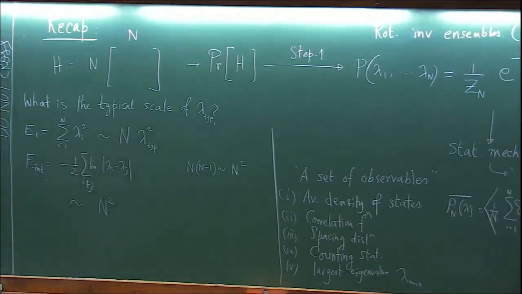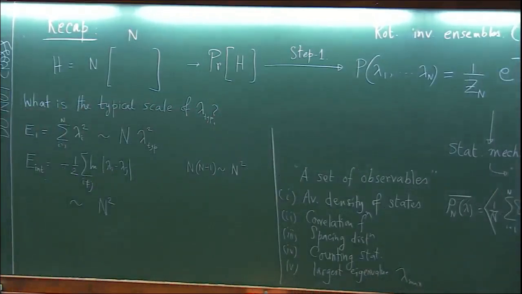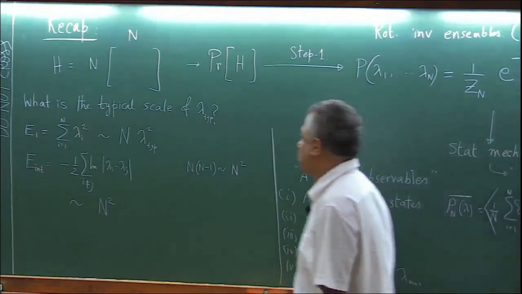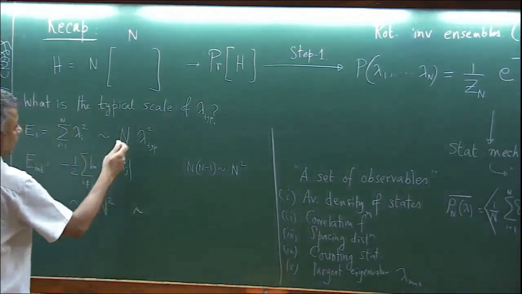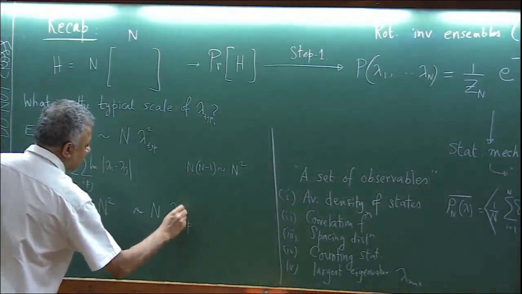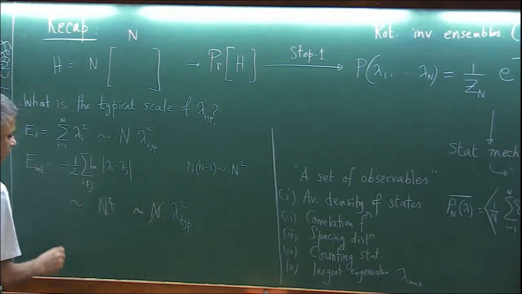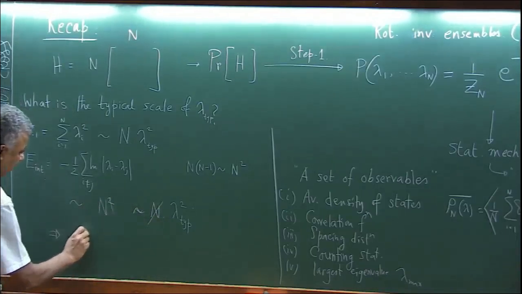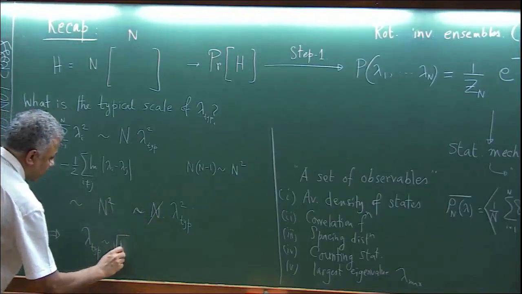Now, in order that they compete with each other, they should be of the same order. So I should equate this with n times lambda typic square. One n cancels, so lambda typic scales like square root of n.